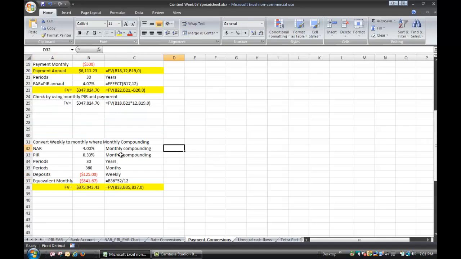So let's go through that. PIR monthly is 0.33%, which is 30 years, 360 months. Here's the trick, the $125 weekly. How much is that monthly? Well, it isn't just multiplied by 4, because there's 52 weeks in a year, and you divide 52 by 12, as this shows, you get 4.33.